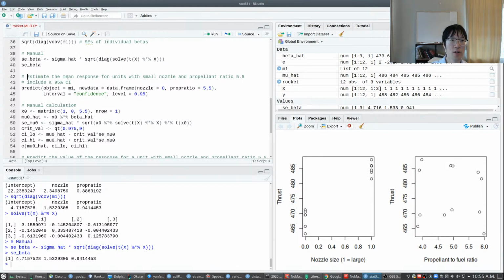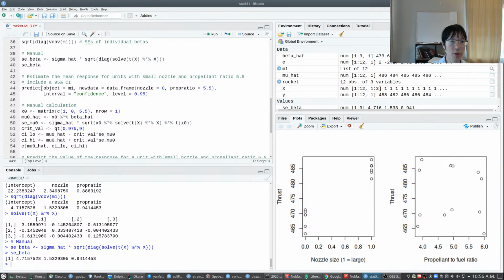Let's estimate the mean response for all hypothetical units such that we put in a small nozzle and a specific propellant ratio. That means the nozzle is going to take value 0, and the propellant ratio is going to take value 5.5. Let's calculate a confidence interval for the mean response.